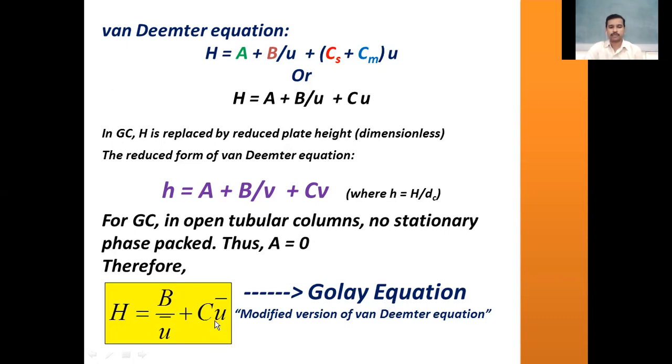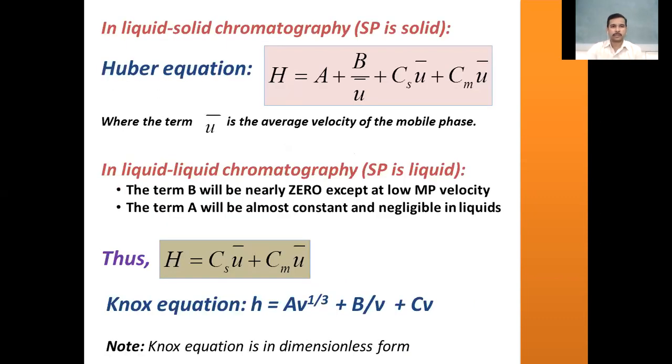If the u value is known and B value is known, the height equivalent of theoretical plate can also be determined, or it can be calculated. This is the Golay equation, and this is also known as the modified version of the Van Deemter equation. And this equation is exclusively for gas chromatography. Right. The Golay equation is also called the modernized version of the Van Deemter equation.